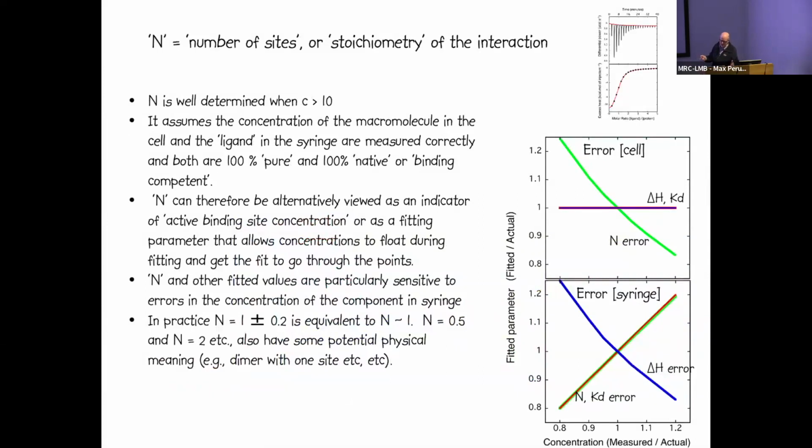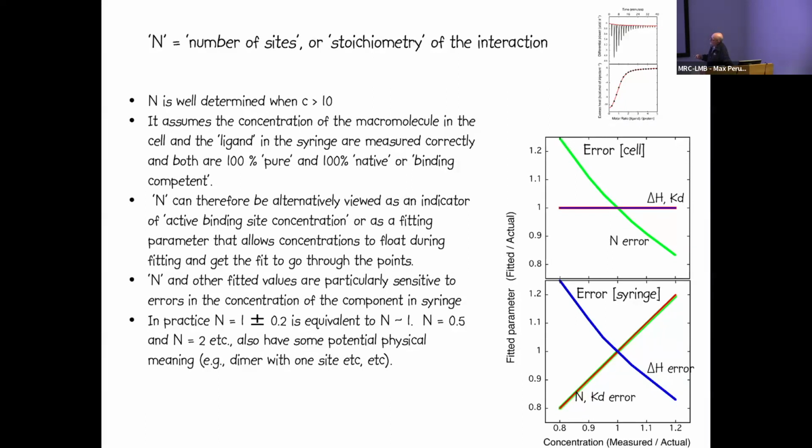But one thing about determining the stoichiometry is that we're assuming that we've measured the concentration of the macromolecule in the calorimeter cell and the ligand in the syringe correctly, and both of these components are 100% pure and 100% native, I mean folded or active or binding competent. So although we need to measure the concentration accurately, we also assume that everything that we've measured is what we're trying to study, and that it's all prepared to undergo the interaction.